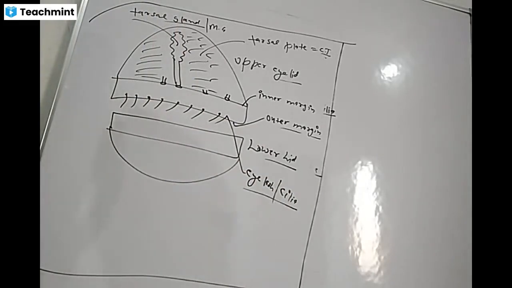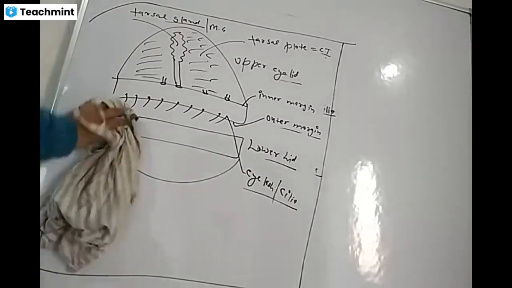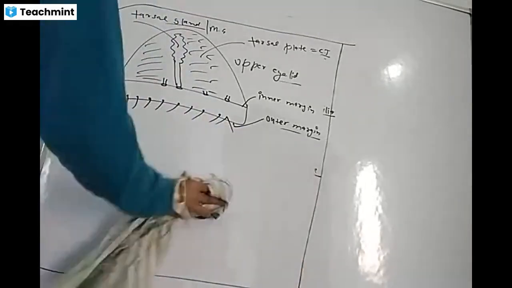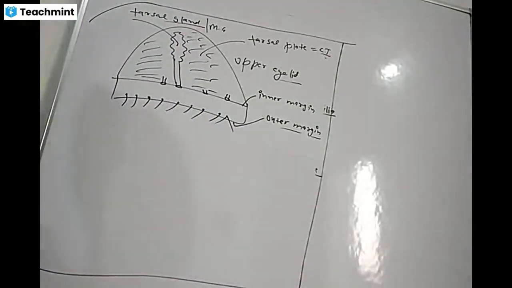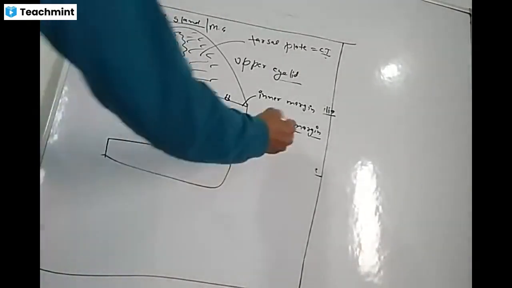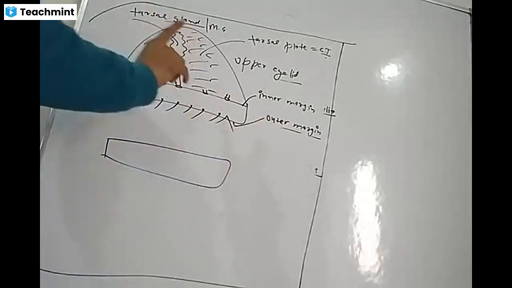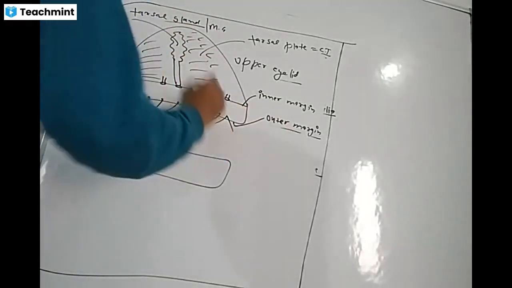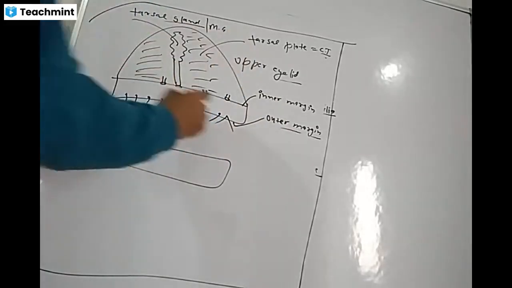So the first MCQ with this eyelid and the eyelashes is: this is the lower eyelid. So this upper eyelid, this is the outer margin which is having eyelashes.